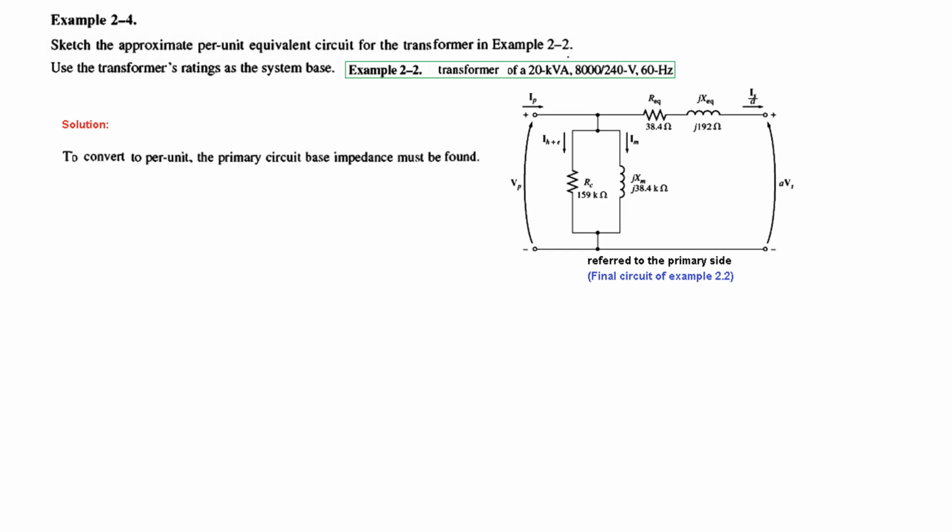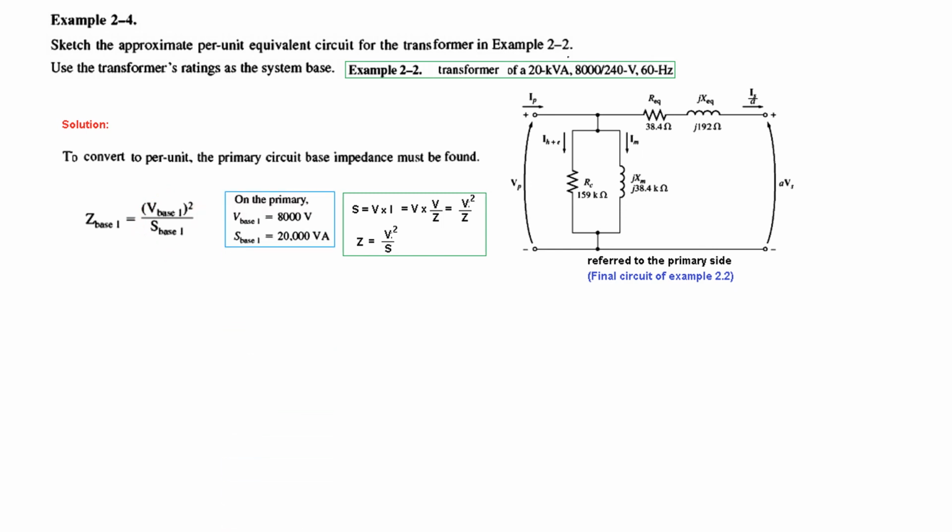So how to convert to per unit? The primary circuit base impedance must be found. And Z base 1, that is the primary side, is V base 1 square over S base. You can find it from here. If you have difficulty, we know S, that is the apparent power, is V into I, where I can be written as V over Z. So apparent power is V square over Z, and from here Z will be V square over S. That is what we are following here.